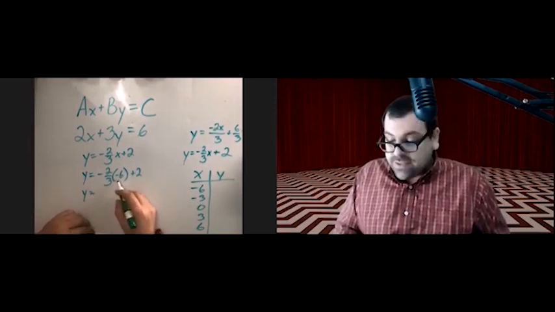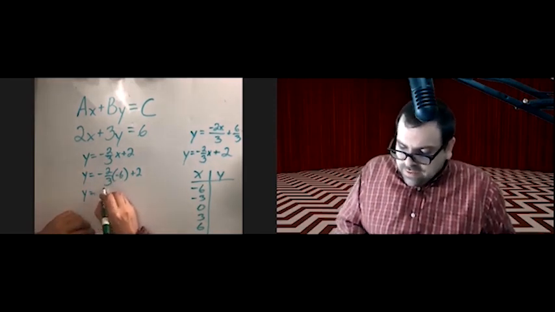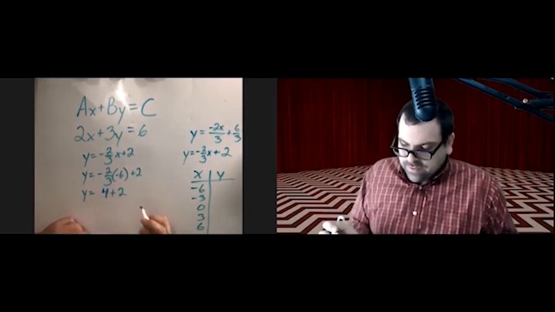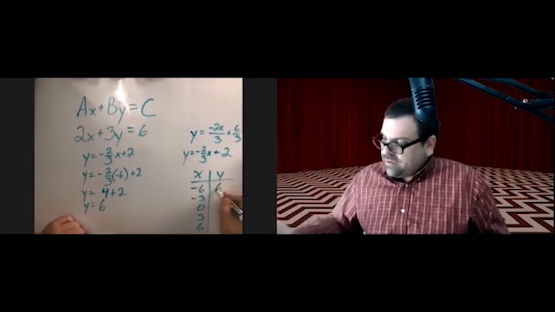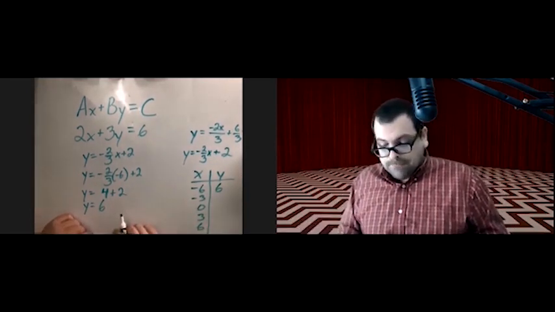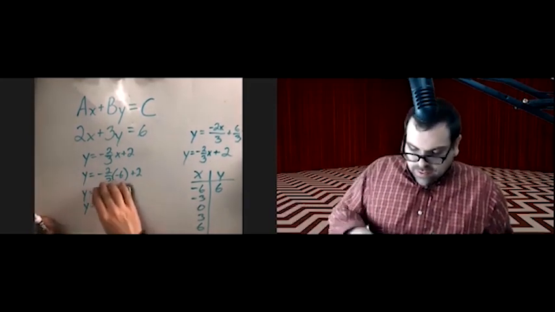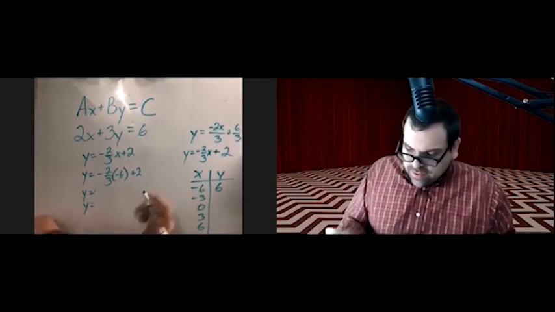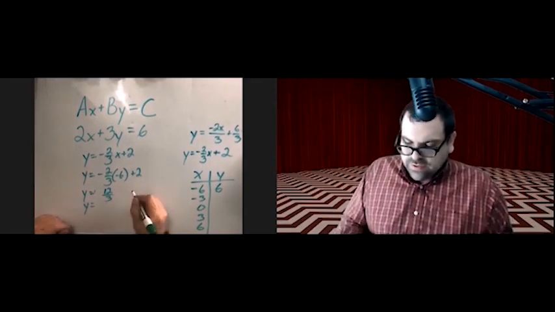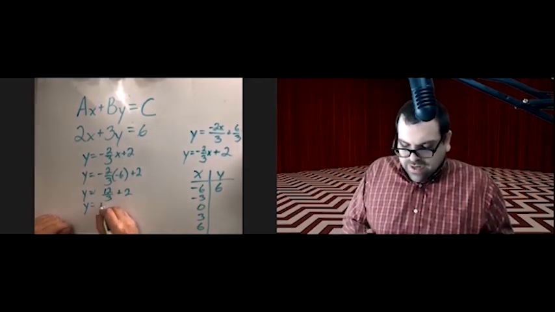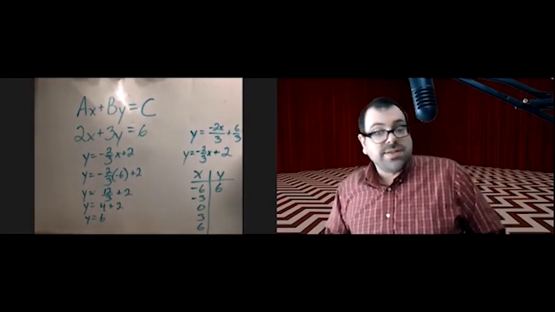Negative times negative is positive. 2 times 6 is 12. Divided by 3, that's going to be 4. Plus 2 gives us a y of positive 6. If you want to see more steps here, I'll go ahead and show this again. Negative 2 times negative 6 would be positive 12 divided by 3. 12 divided by 3 is 4. 4 plus 2 gives us our 6.